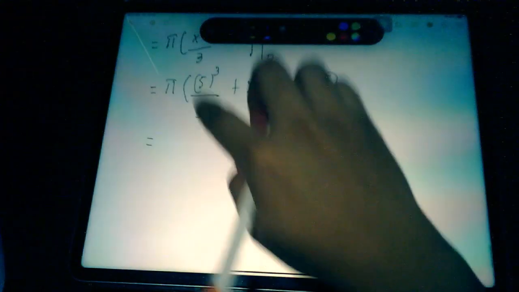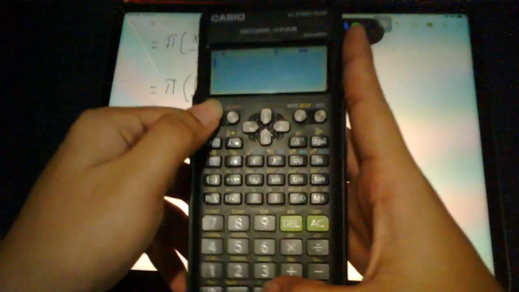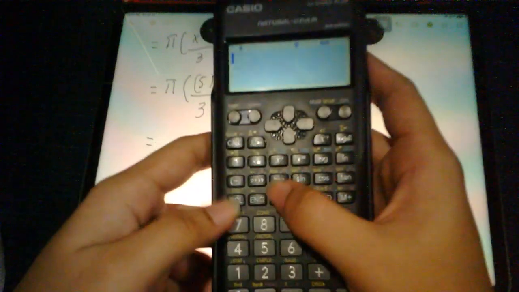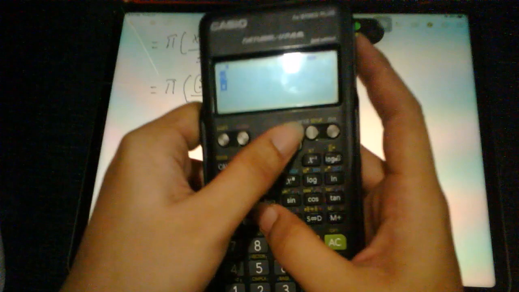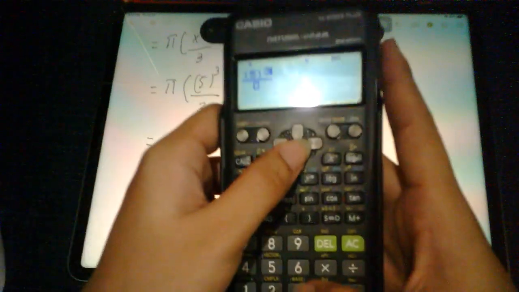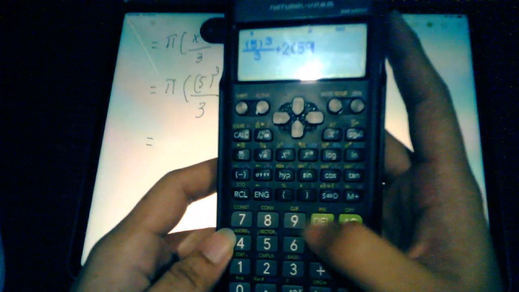So by putting this into our calculator, can you see on the calculator here? Let's say 5 raised to 3 over 3 plus 2 times 5.